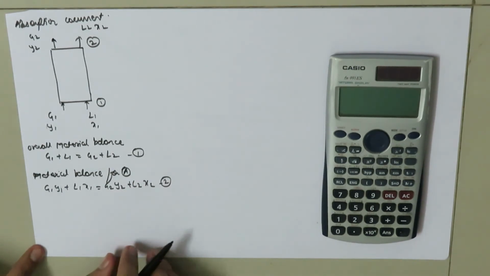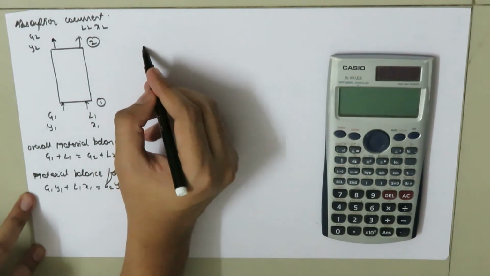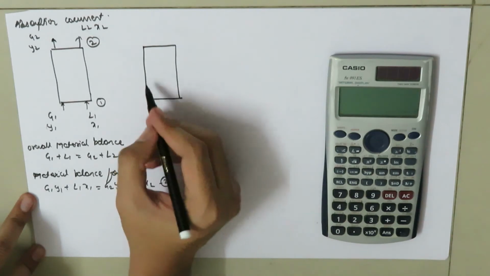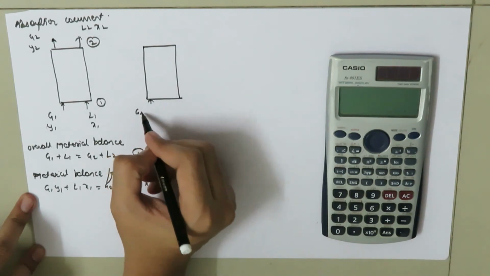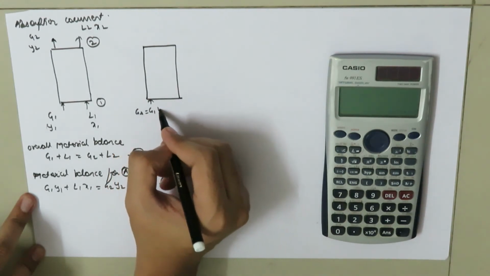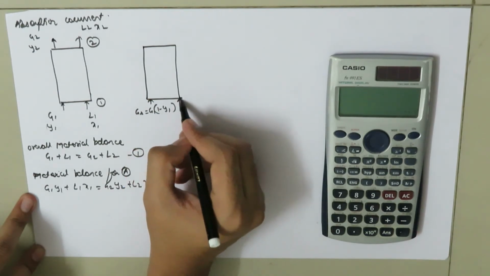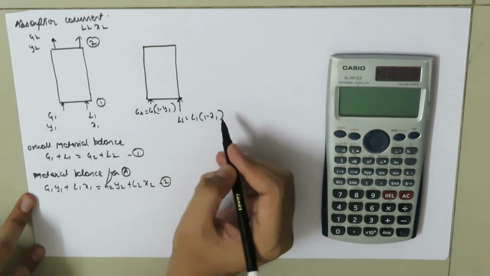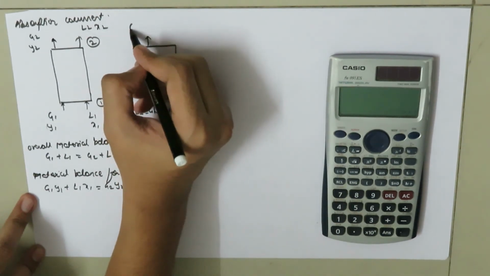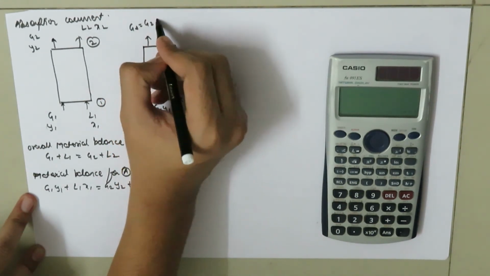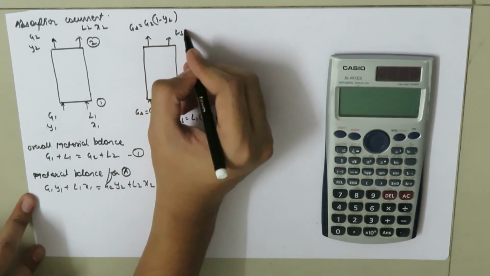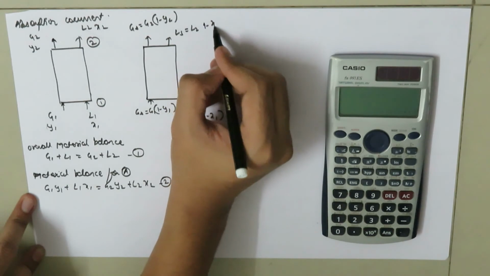Now if we take the material balance for inert, here I'm going to draw the absorption tower for inert. GS can be written as G1 times (1 minus Y1), and LS can be written as L1 times (1 minus X1). Here we have GS equal to G2 times (1 minus Y2), and LS equal to L2 times (1 minus X2).